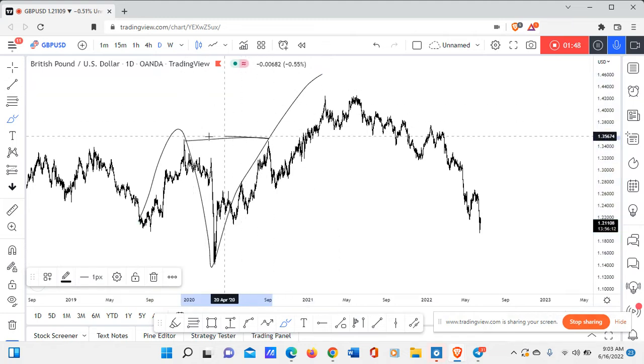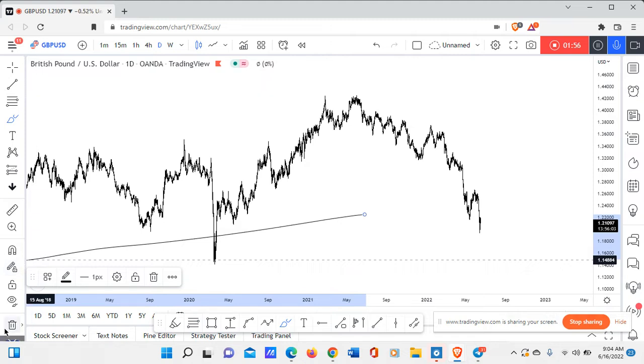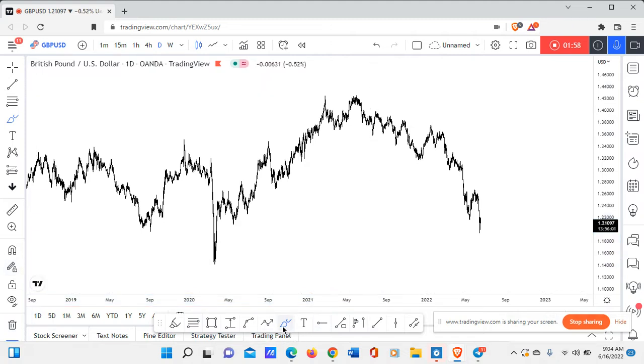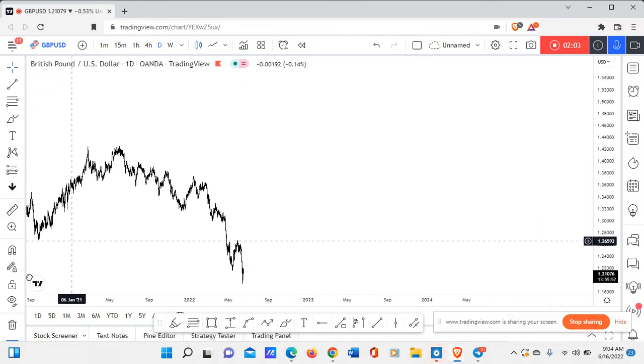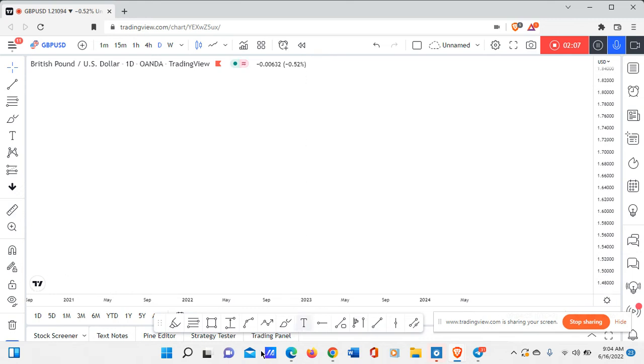Why? Because we can see that we broke the structure. So to talk about a few things about the market structure, I want us to look at the market structure. So we know we have two types of trend, according to me.